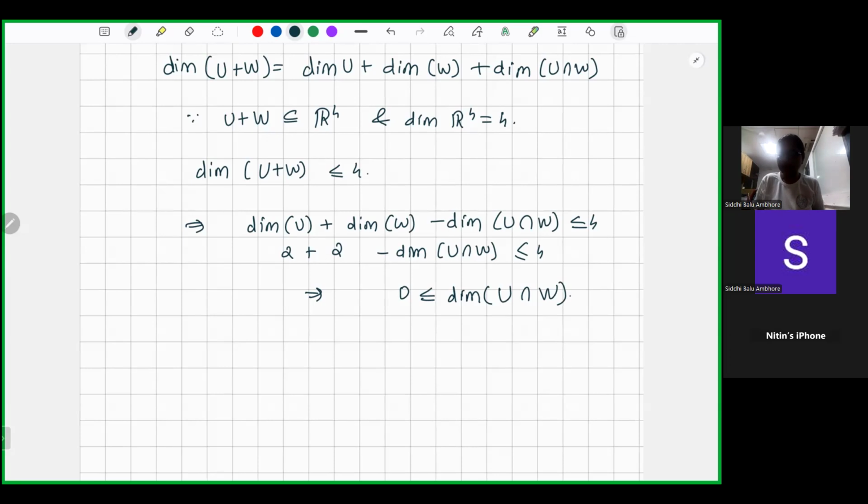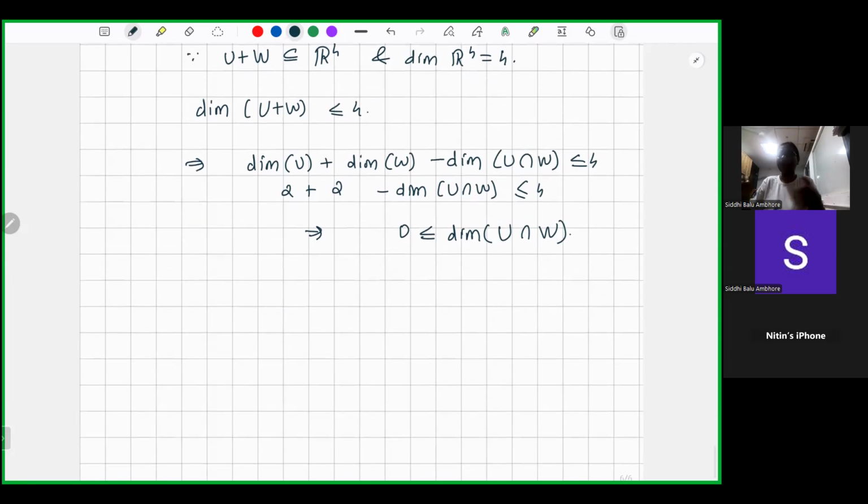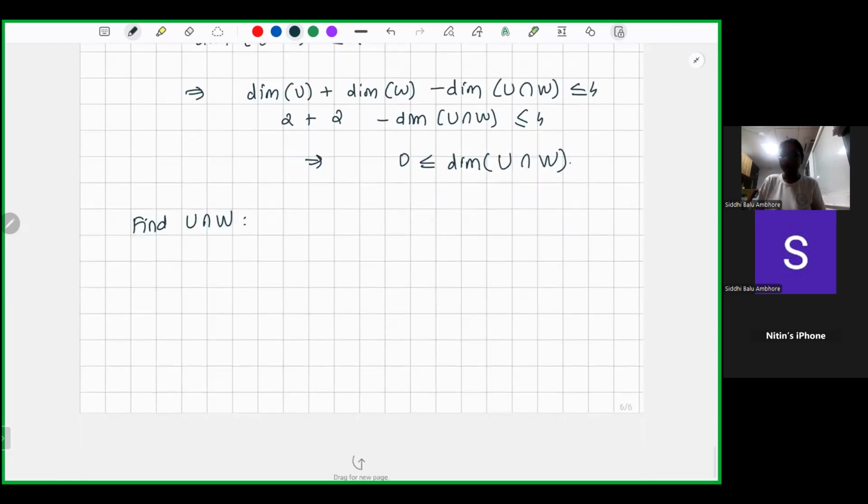If we had that the dimension of U intersection W is greater than or equal to 1, 2, or whatever number except 0, we could conclude that this is not a direct sum. But what we got is pretty obvious, and at this moment it is inconclusive whether U plus W gives us a direct sum or not. So to check that, we have to explicitly find what U intersection W is.